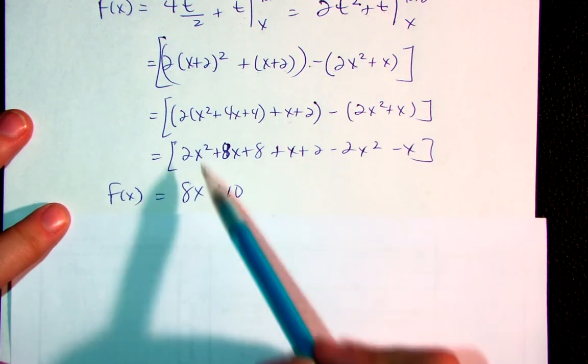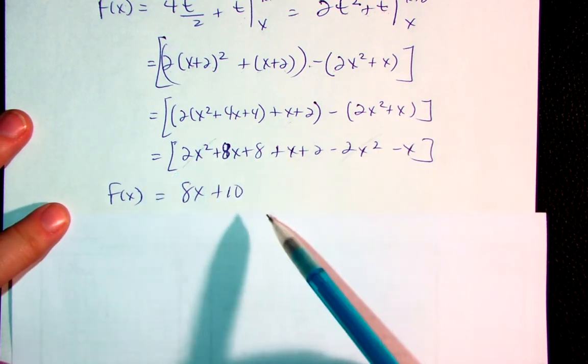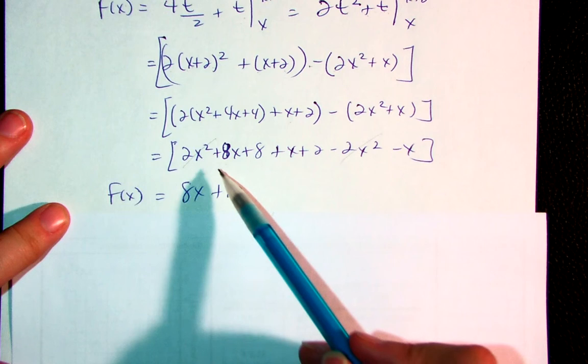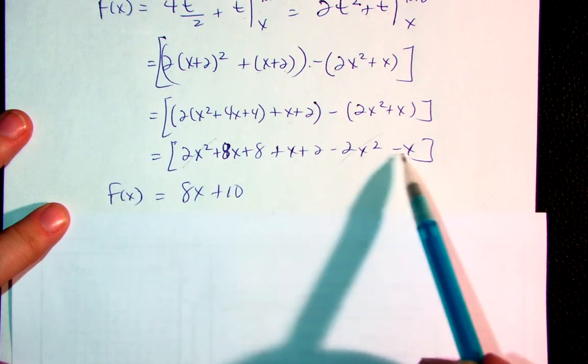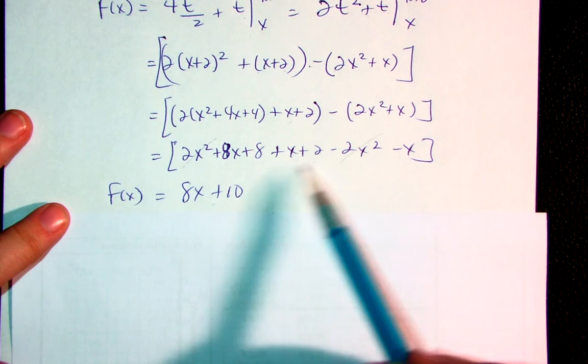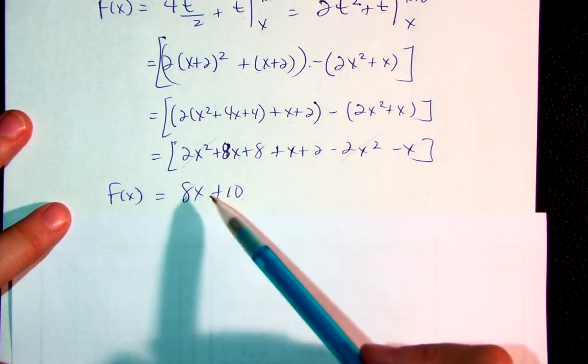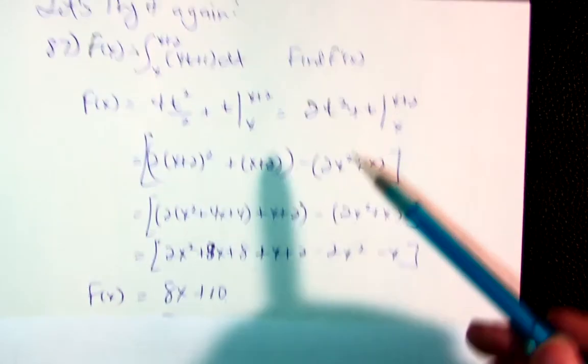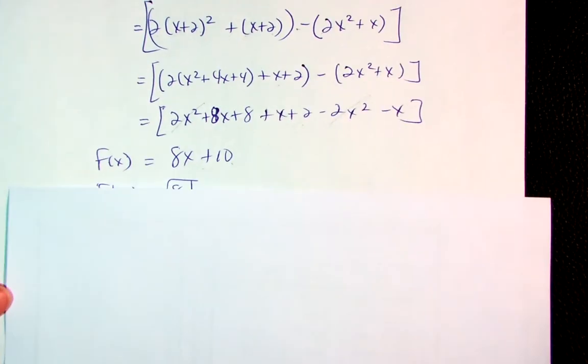And then this cancels with this. 8x, 9x, back to 8x, and then 8, 9, 10. And now, what did they want me to do after I found f of x? Find the first derivative. Well, the first derivative of 8x plus 10 is 8.